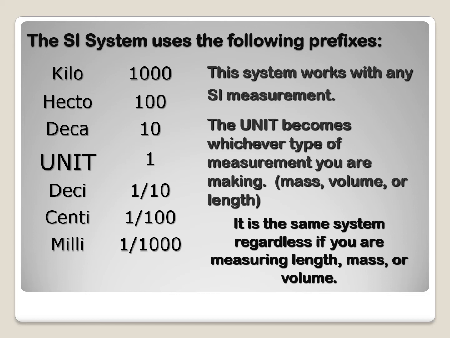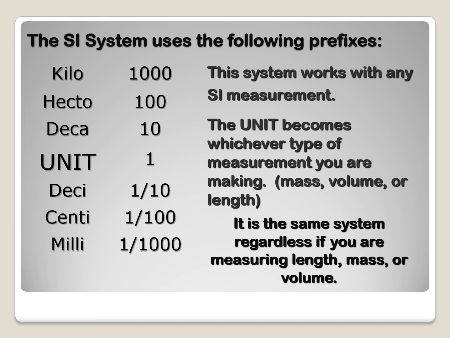For example, kilo stands for 1,000, hecto stands for 100, deca stands for 10. The unit itself is 1, deci stands for 1/10, centi stands for 1/100, and milli stands for 1/1,000.